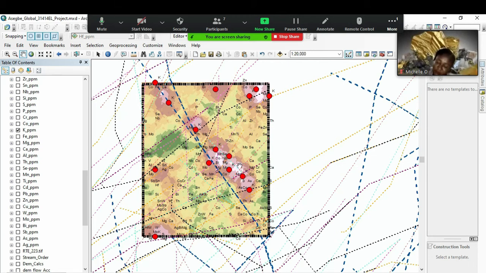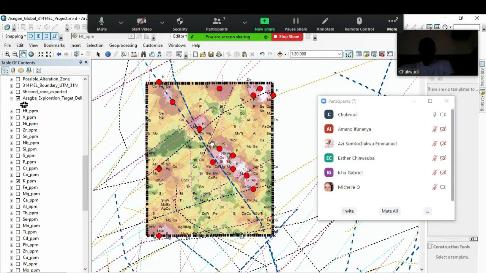So why do we actually look at the alteration zones as one of the most important zones when you are going into exploration projects, especially for base metals, gold, copper, lead, zinc, and all that?